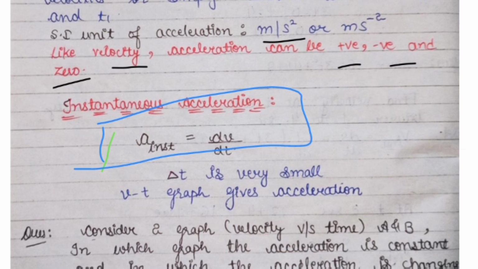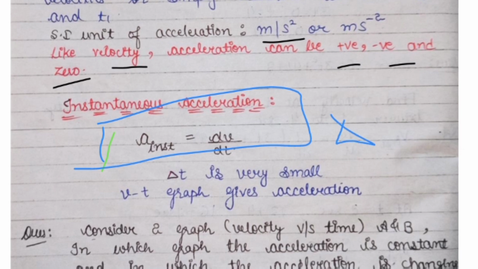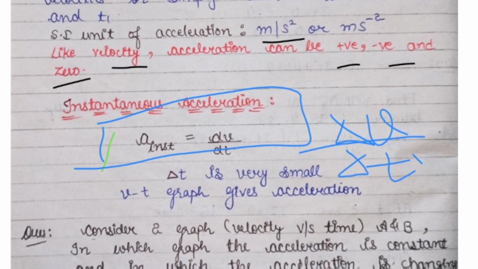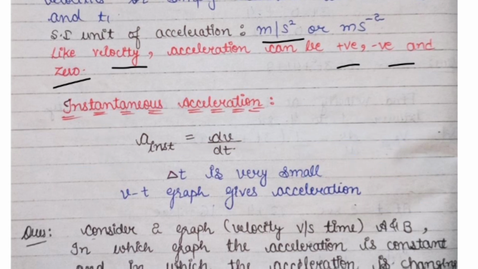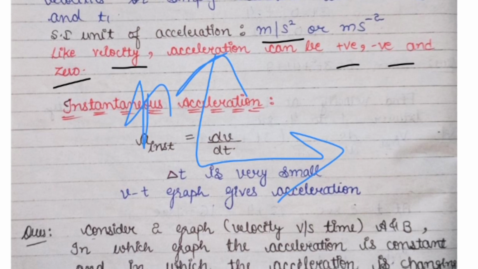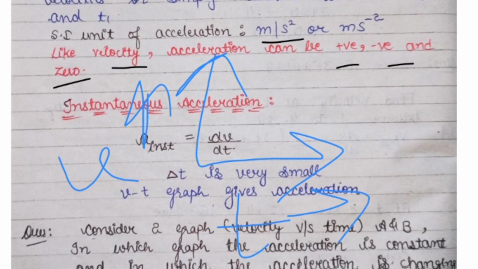Now we will consider differentiation of velocity, means acceleration for the very small time, where this is delta v upon delta t. So here delta t is very small. Okay. So when we draw a graph between velocity v and time t, then this gives acceleration.